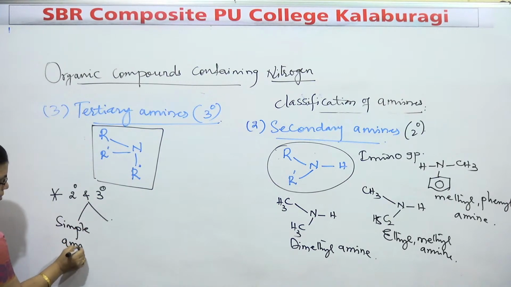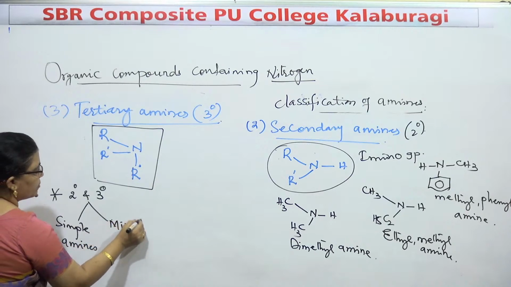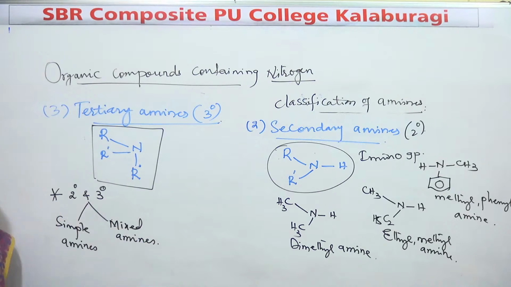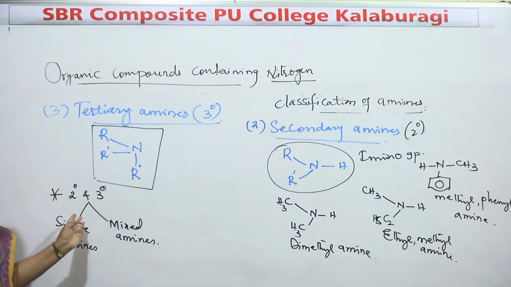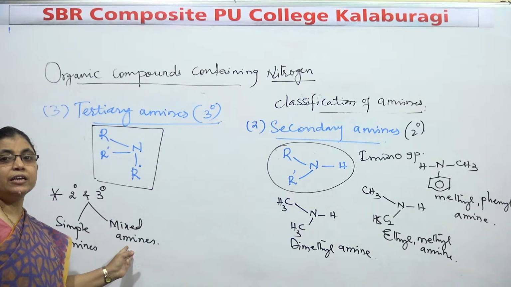They may be simple amines or what, children? Mixed amines. The name itself indicates: simple amines are those where R' and R'' are the same, having the same molecular formula, but mixed amines have different ones.